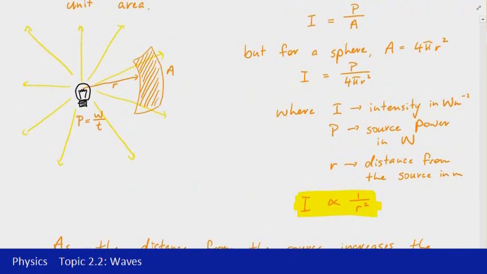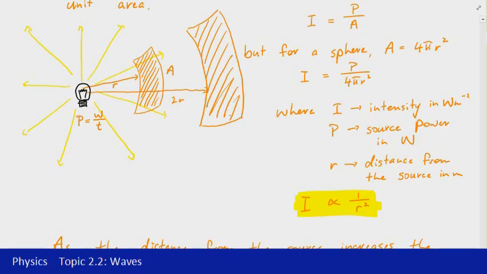If we double that distance, so we're going to go to a distance of 2r, the area that we're going to deal with there is now actually going to be 4 times as big. So this new area that we're dealing with, and keep in mind that's just representing a section of the sphere, that's going to be 4 times the area. And since I is equal to P over A, if A has increased by a factor of 4, then I will decrease by a factor of 4.